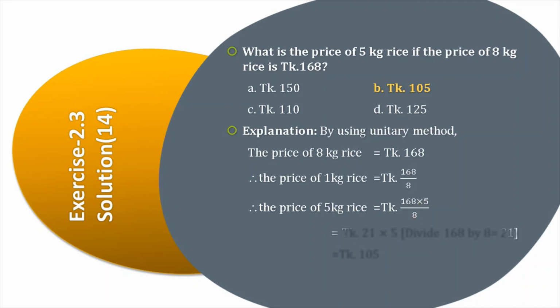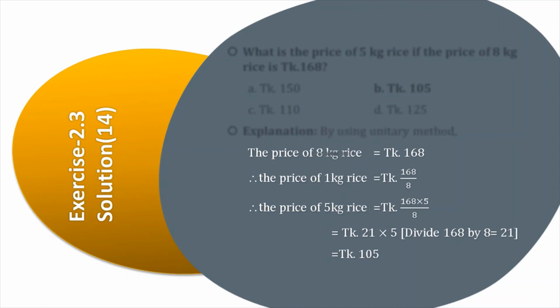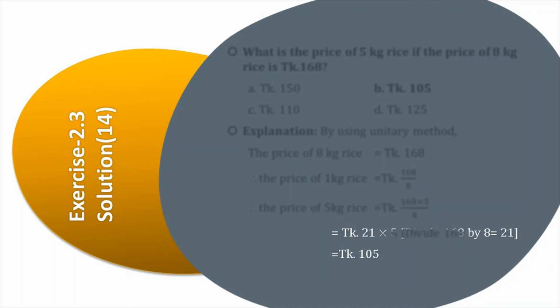If we reduce, dividing 168 by 8, we get 21. And if we multiply 21 by 5, we get taka 105. That is our desired answer. So my dear students, question number 14, the solution is 105 and this is our explanation.